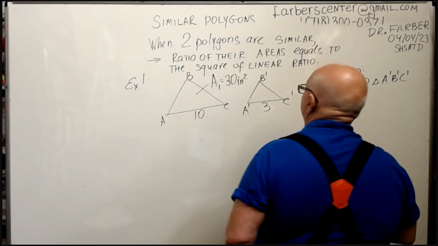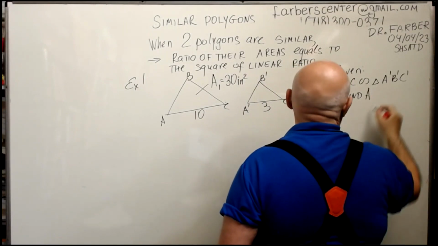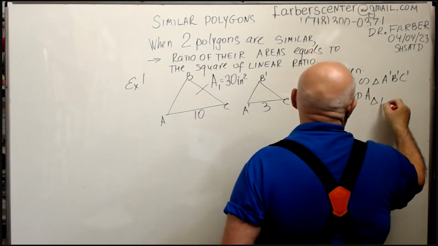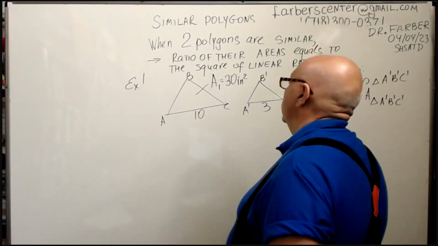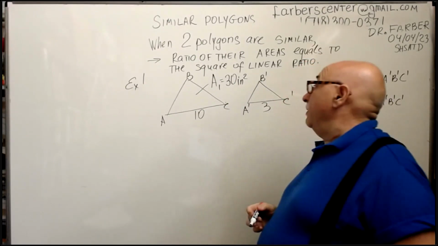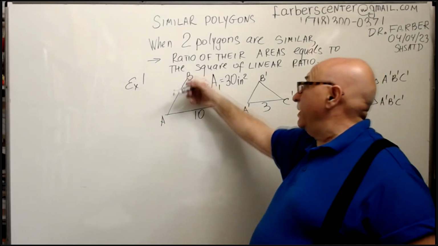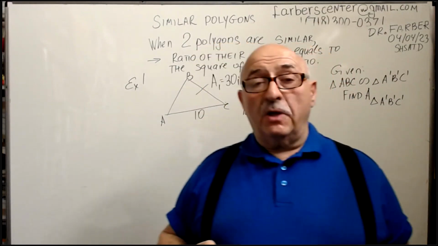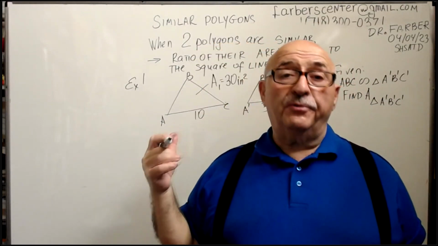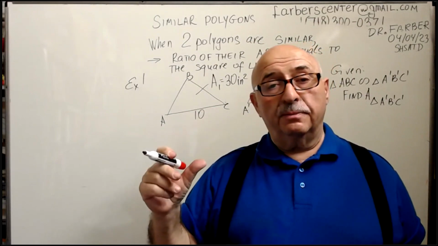Find the area of triangle A prime, B prime, C prime. Look at this, students. We have bases, but we don't have heights, right? And how to find area? Use this beautiful theorem, really beautiful. It solves many problems in one shot.